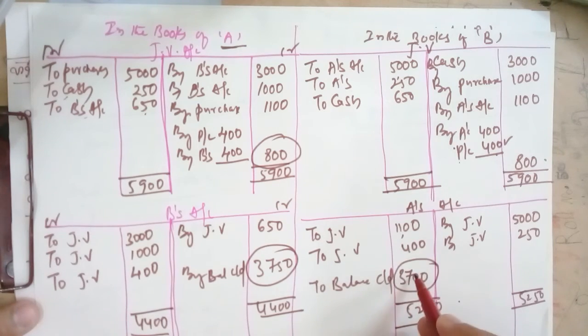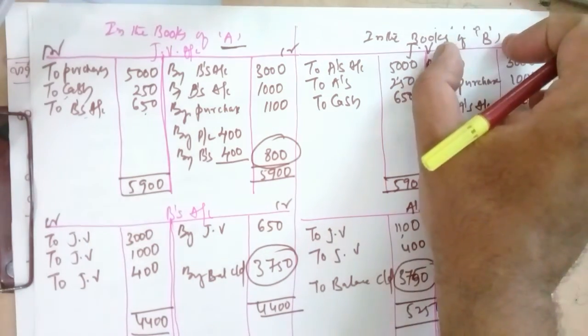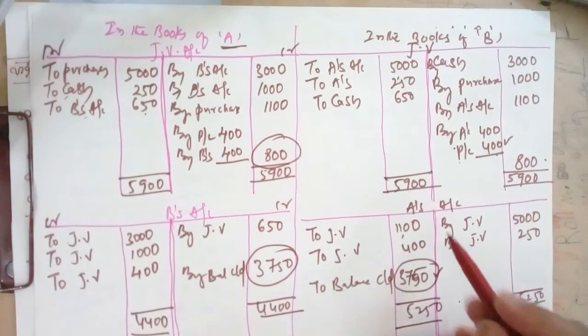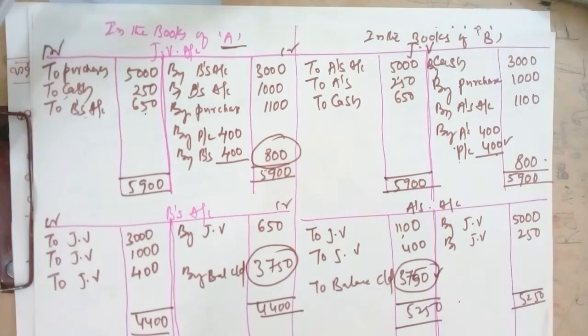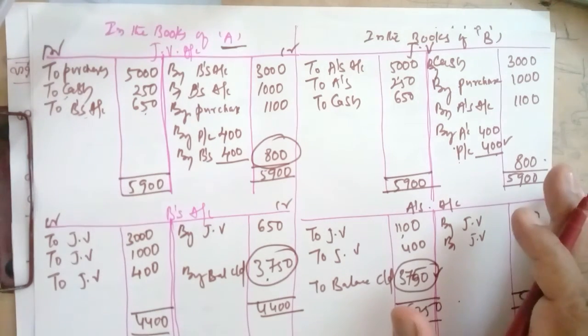So like this we need to write. B is writing that this will be the amount payable to A. And A was writing this will be the amount receivable from B. As the question did not mention anything with regards to the payment, hence we are writing it as a balance carried down. Clear? So in the same way we need to work out the problems.